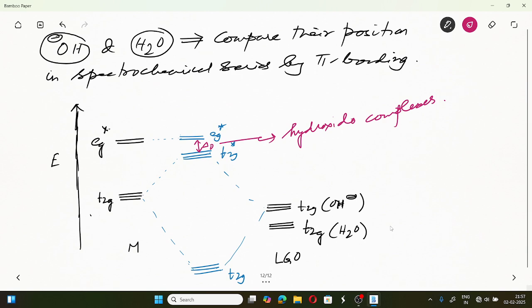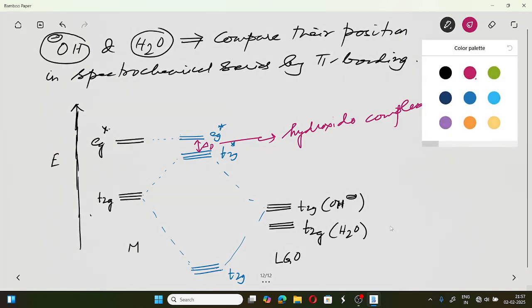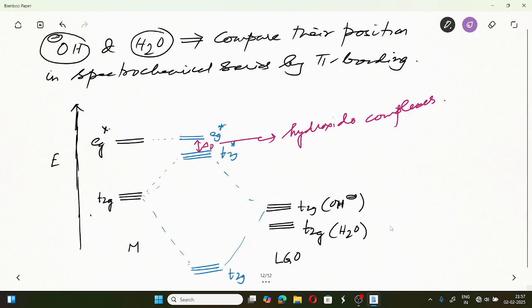And for water, you'll find that the extent of pi bonding will be weaker.